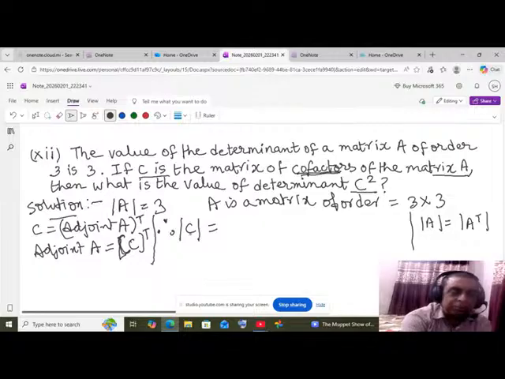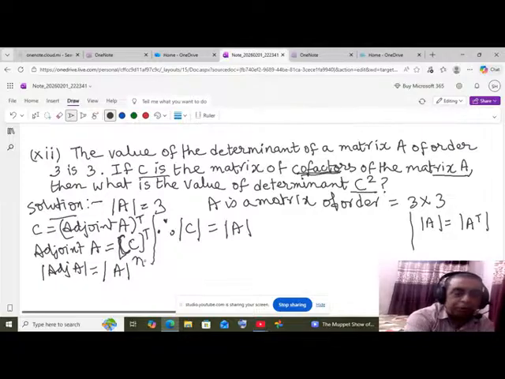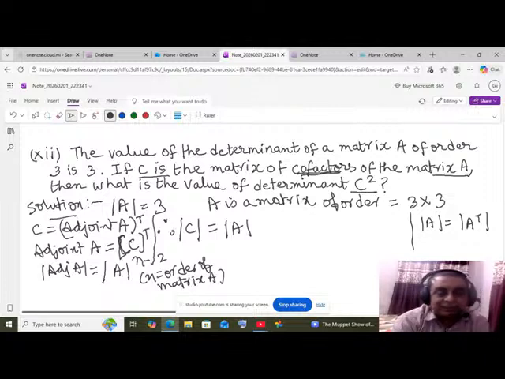So the determinant of C will be like this. It is the determinant of the adjoint of A. We know that the determinant of adjoint of A is equal to determinant A to the power of n minus 1, where n is the order of matrix A. Whether it is matrix A or its transpose, the determinant value will always be the same.